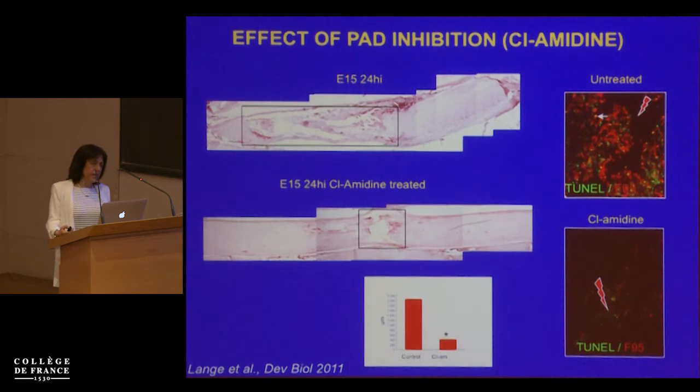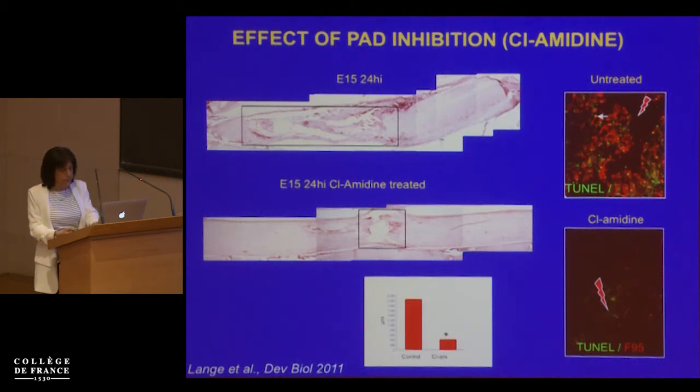Reducing cell death is an important point in response to injury because, for example, if you think of damage to the human brain or stroke, the initial damage can be quite limited, but then there's a secondary damage that really creates massive disruption.